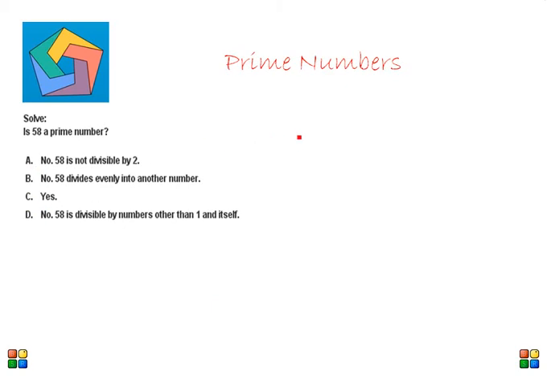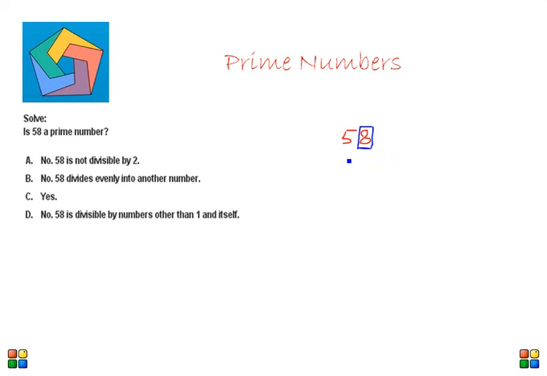Now let's try this question. Is 58 a prime number or not? 58. The first thing which comes to our mind is, is it an even number? Yes, because the number is 58 and the last digit in this is 8, which is an even digit.